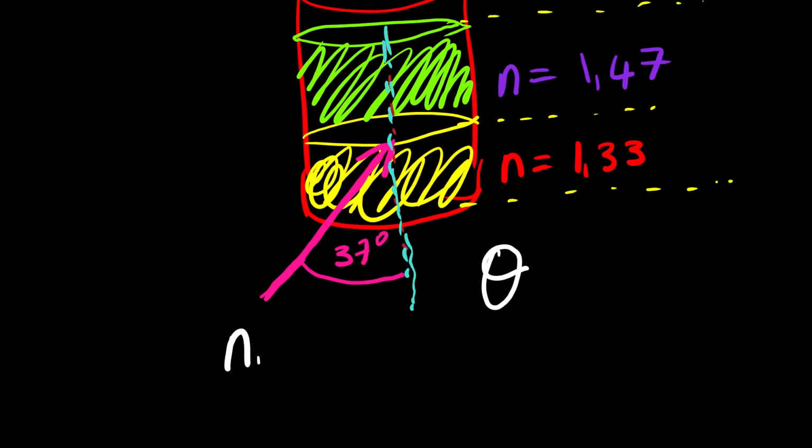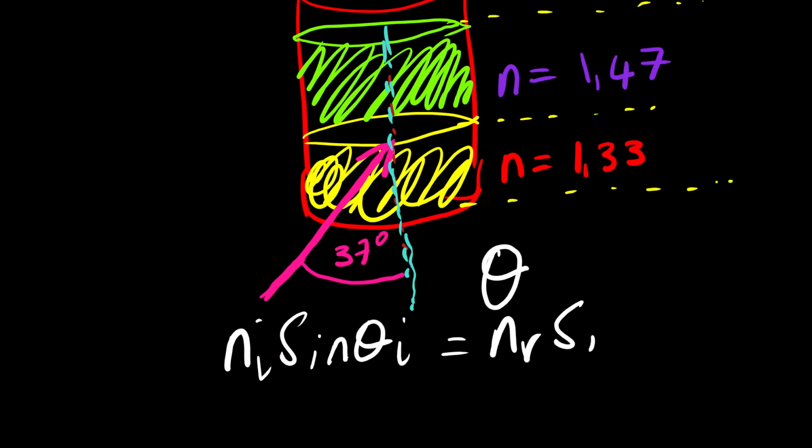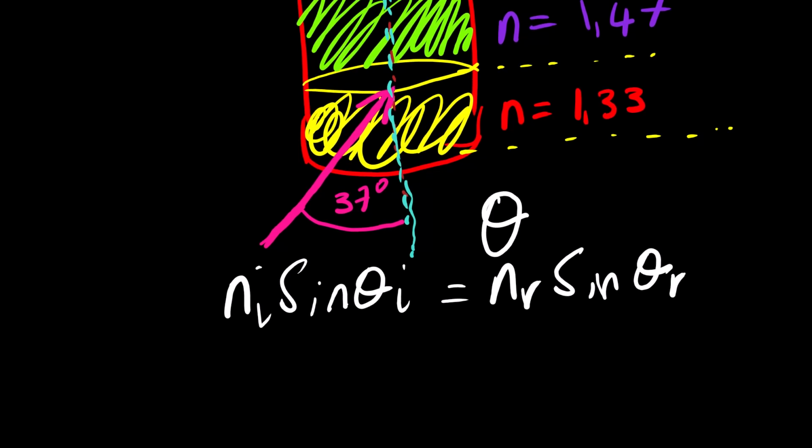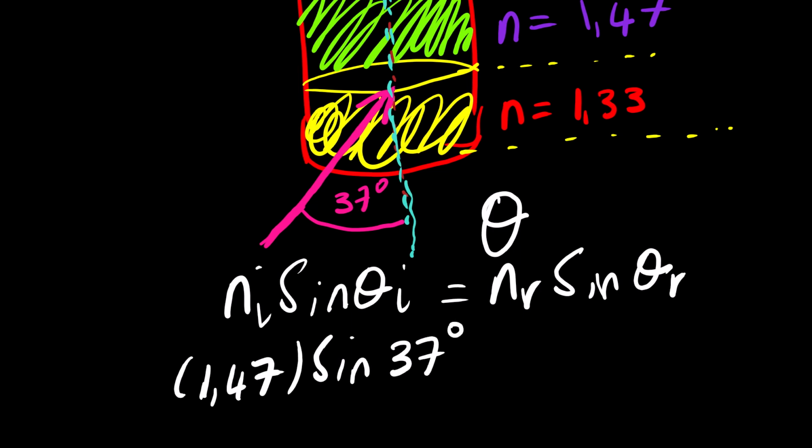Now our equation, Ni sine theta I is equal to Nr sine theta R. We have 1.47 sine 37 is equal to... no, there's a problem.